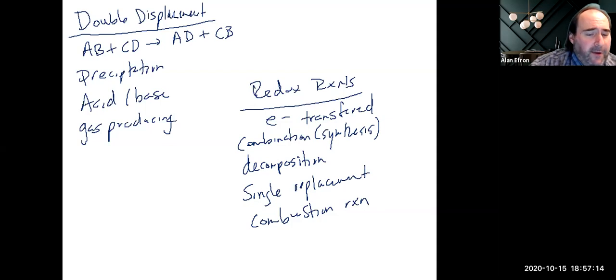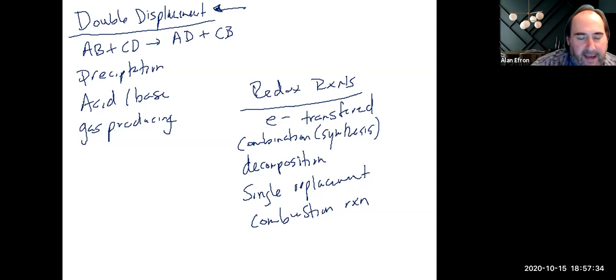Now, the one type of reaction that you really don't see as redox is double displacement. That's why they're under their own umbrella. Double displacement reactions are typically not redox reactions because the two ionic guys switch partners and everybody ends up with the exact same oxidation state. So not usually redox reactions.